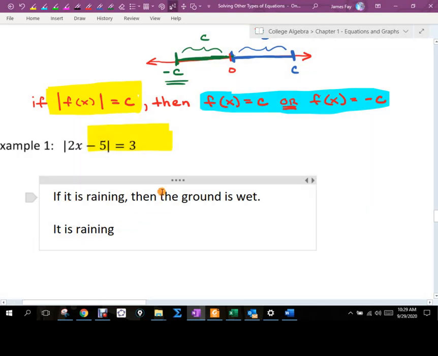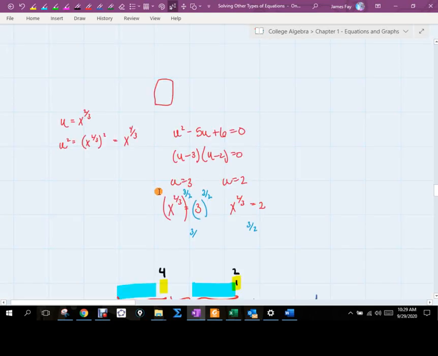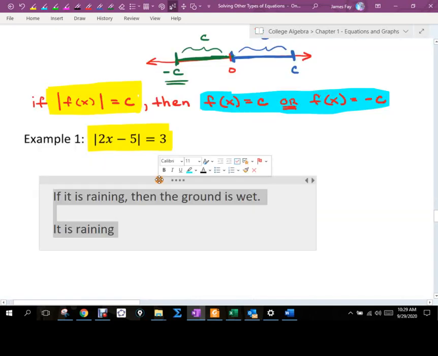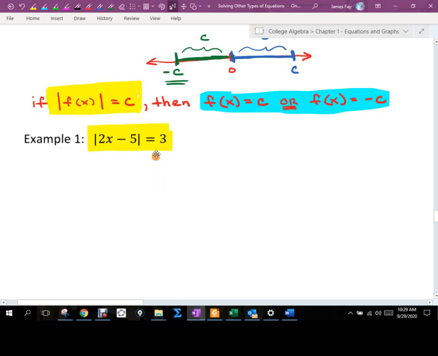So, same concept here. This matches that, so I've got a true hypothesis here. So now I can make this blue conclusion about the stuff in yellow.